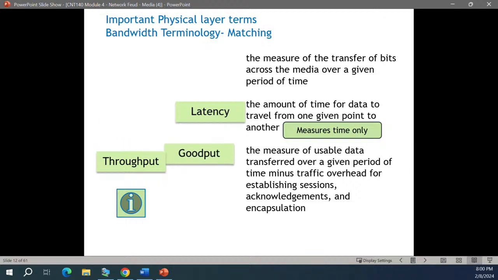And then we've got goodput. This is the usable data, right? That's usable data from source to destination. Okay, notice what this says. It's minus the traffic overhead, right? That's whatever the overhead is. When you get into 150, we start learning about different types of protocols that have overhead.